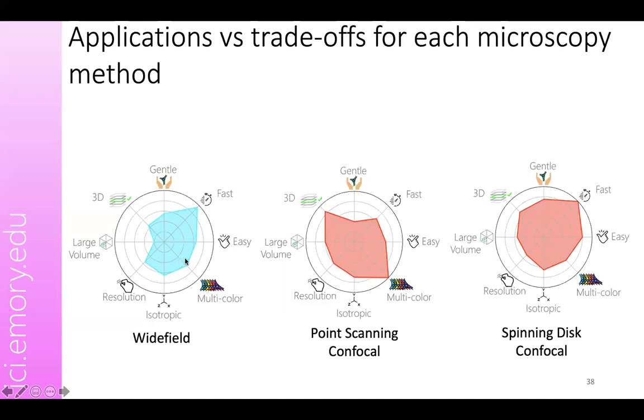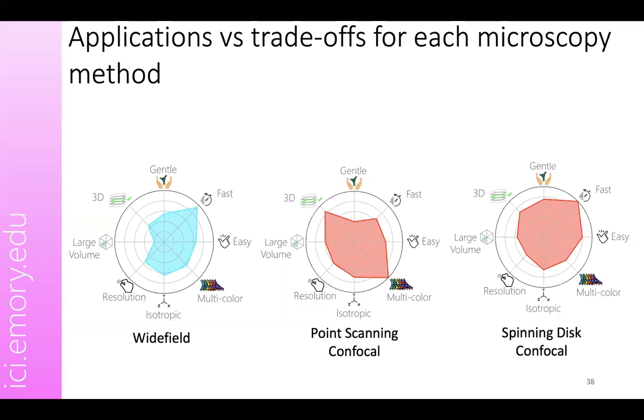If you are doing multicolor, point scanning confocal is much more versatile in terms of doing multicolor. In terms of fast, if you are dealing with live cell samples, you want things to be fast and gentle. And that's where spinning disk and wide field come into the picture, whereas point scanning is not that fast, and hence it's not going to be much gentle on your sample.